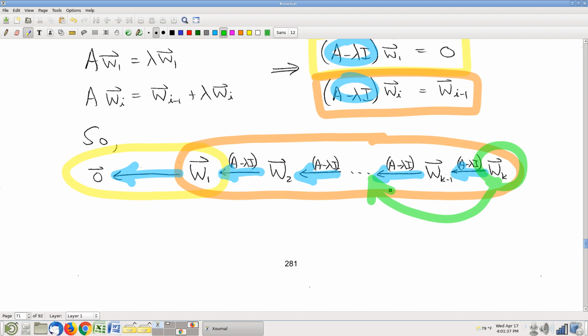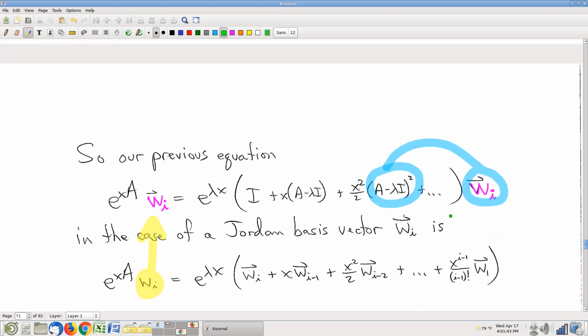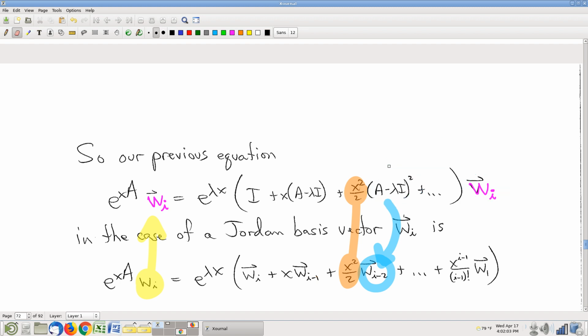It gets you to the vector 2 previous in that list. So, w_(i-2). Again, this coefficient out front stays along for the ride. Everybody on board? Okay, et cetera, et cetera.